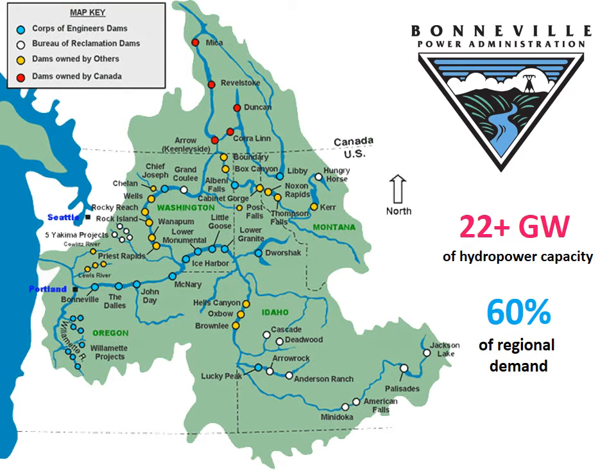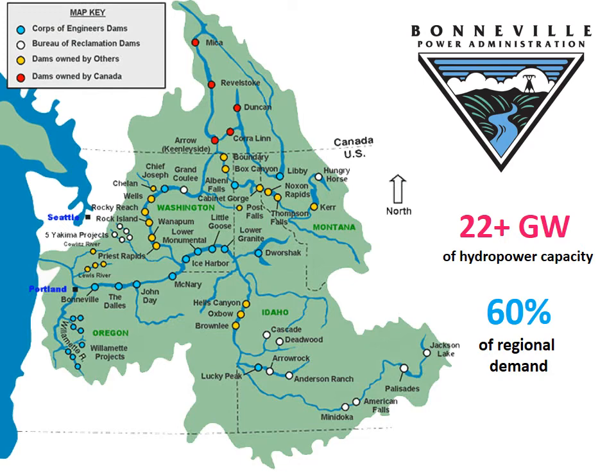So the most famous part of this, the Pacific Northwest hydropower system, is operated by Bonneville Power Administration. This is sort of a branch of the federal government. It's a weird organization. But this is the Federal Columbia River Power System, which extends through Canada, Montana, Idaho, Washington, and Oregon.